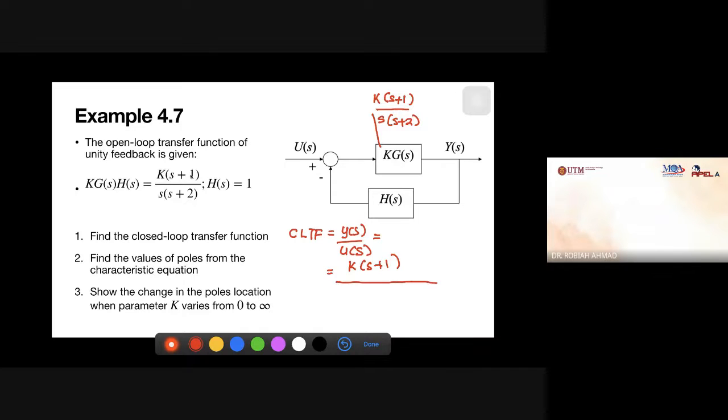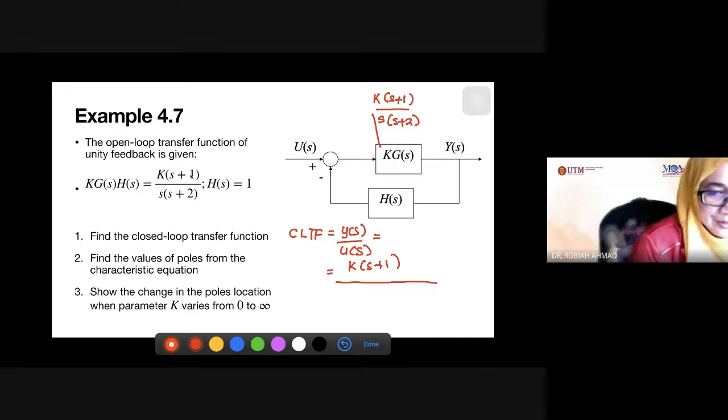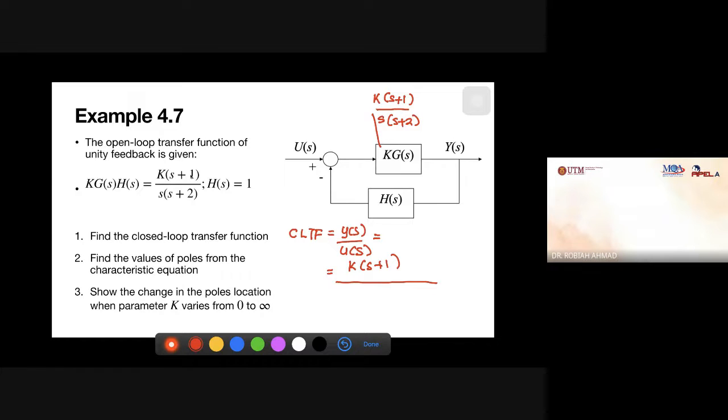Denominator dia adalah yang denominator plus the numerator. Okay, so kita ada S plus 2 plus K S plus 1.